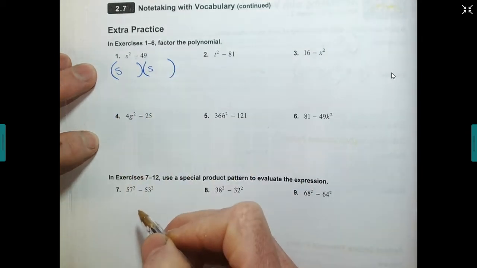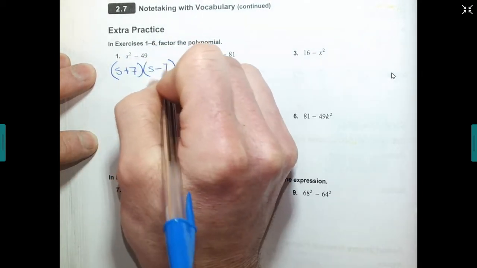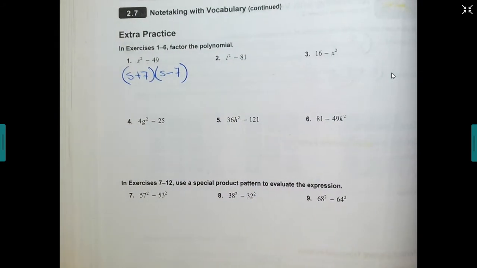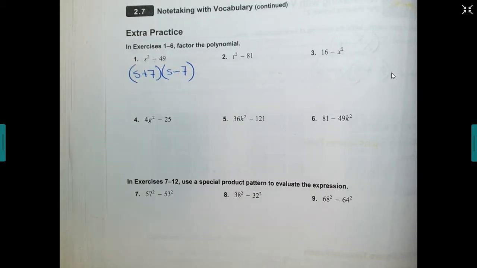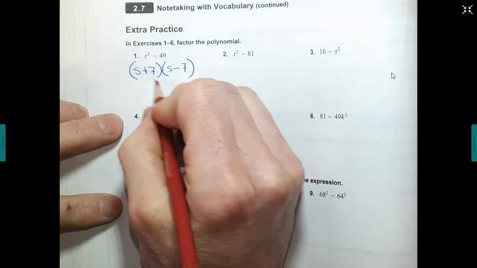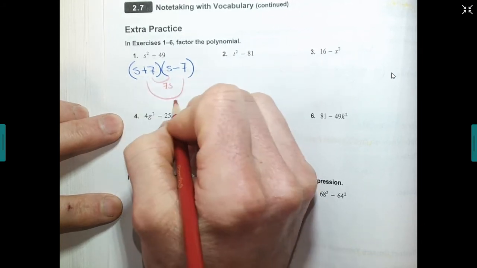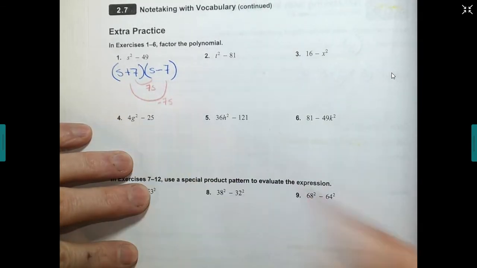S times S. For 49, I have plus 7 minus 7. And that's it. If I wanted to check it, I could do my double smiley face. Sure enough, I get a 7s and I get a negative 7s. So the middle cancels out. So that is my answer.